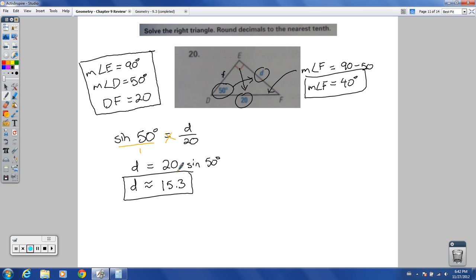At that point, you could use Pythagorean theorem with this rounded answer, but the better way I think to get the answer would be to go back to what was given to you to start and see where we can go from there. So I see that I've got this 50 degrees again, and I think the 20 and the F would be the best way to go about doing that.